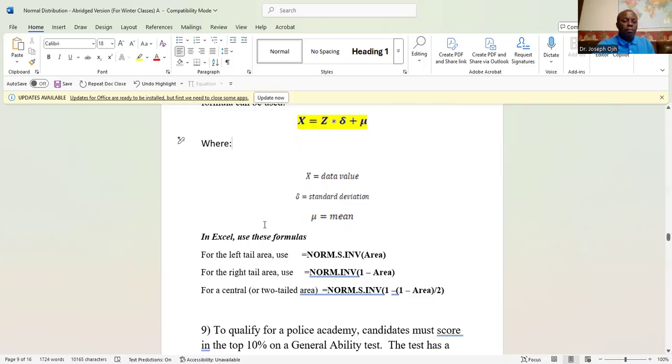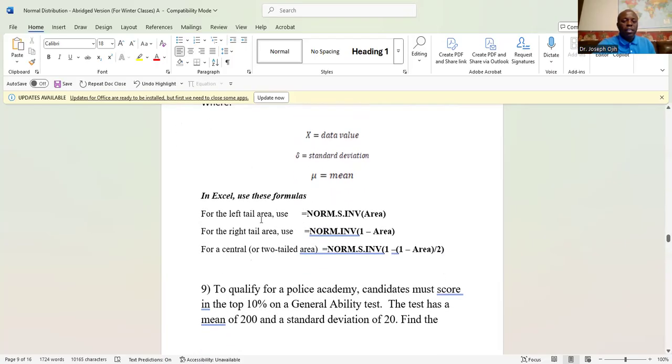Let's try an example. For the Excel formulas we'll be using: if the area is on the left, you use NORM.S.INV and then put the area in parentheses. Area here means the given probability.